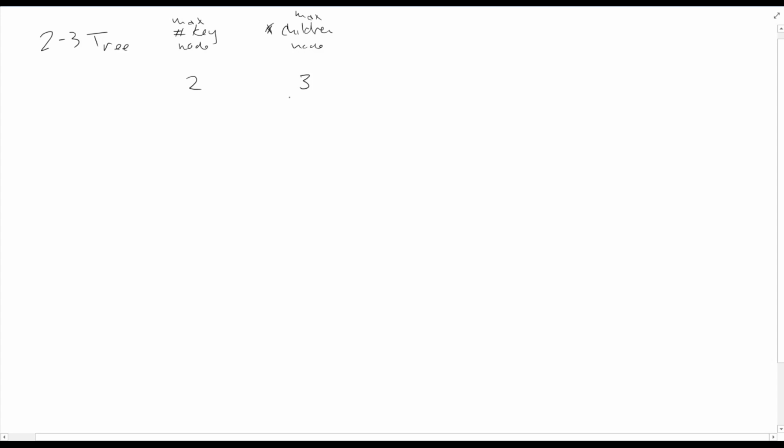Okay. So now what I want to do is I want to think a little bit about the number of nodes on level I. Now the number of nodes on level 0 was 1. The next level down, if we have a max number of children, would be 3.